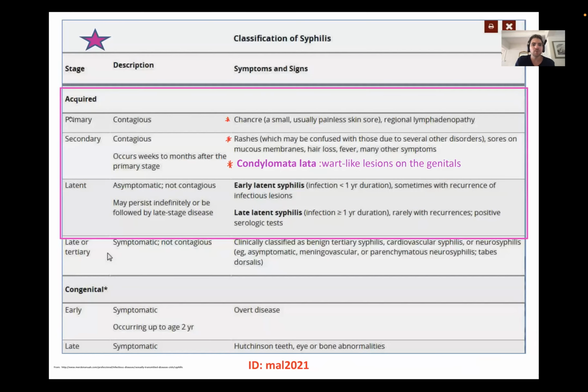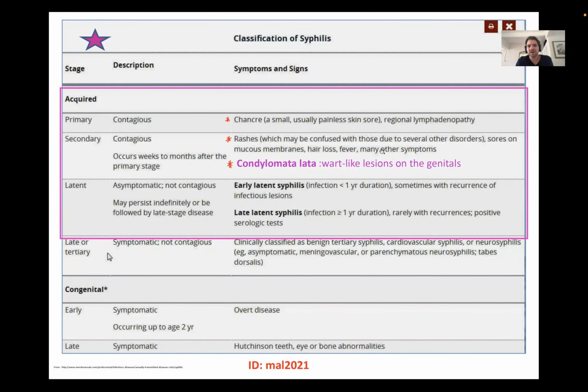Okay, here we go. So primary syphilis, you get that chancre, painless, okay? Versus herpes, which is painful, and H. ducreyi, whatever it's called, those are painful. These primary lesions in syphilis are painless. Once you get the rash, that indicates that you are in secondary syphilis, and you can get condylomata, which are genital lesions.